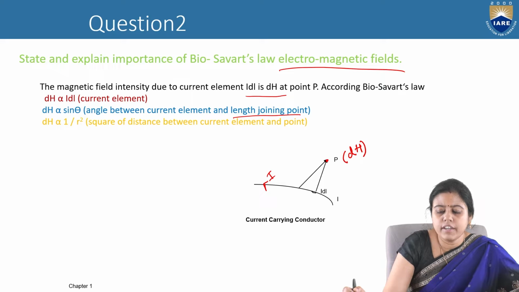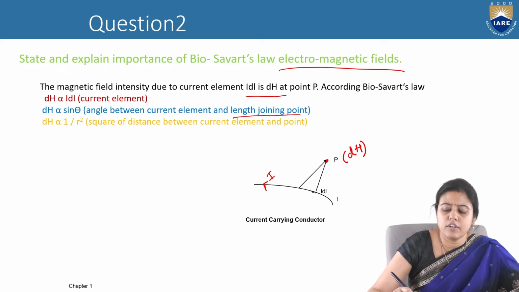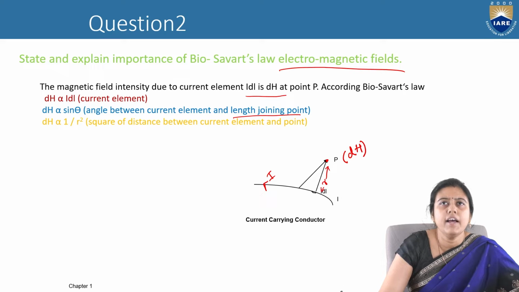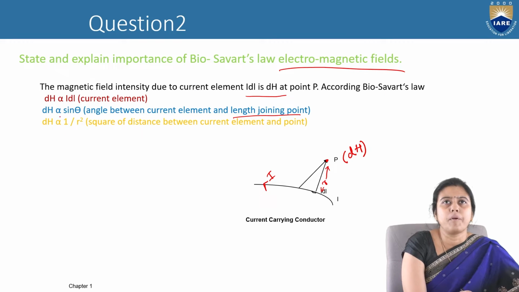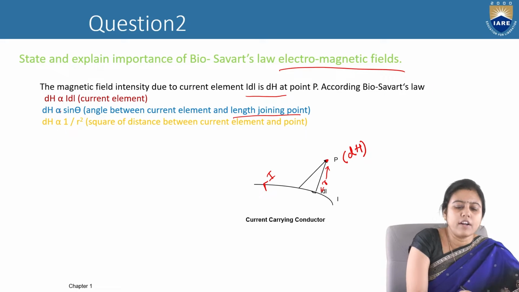And DH is inversely proportional to R square. What is R? R is nothing but the distance between the current element and the point. So DH is proportional to 1 by R square.